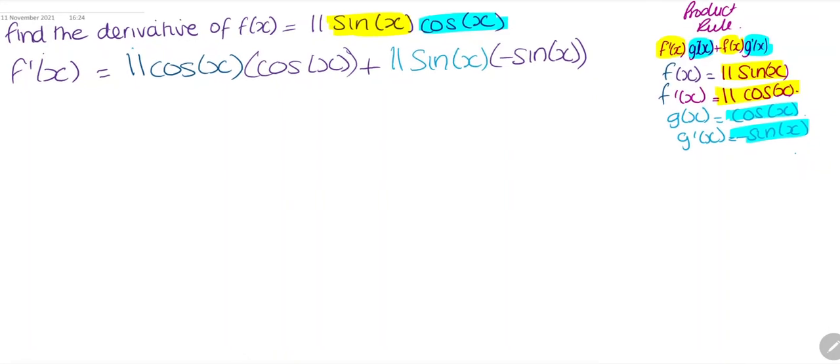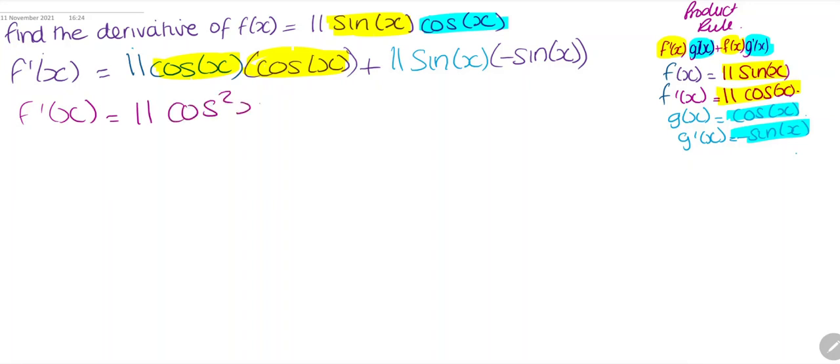Okay, so next step we have simplify. So let's have a look what we can do. So first of all, we've got cosine x multiplied by cosine x. So this can be written as cosine squared x. Then we're going to look at our terms here.